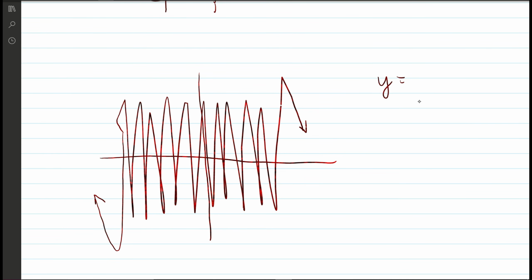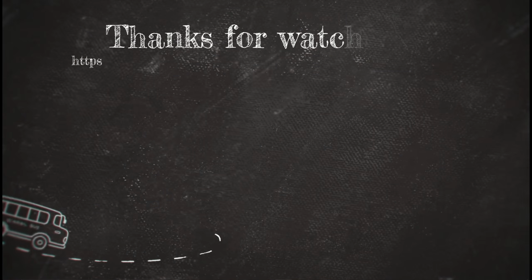So maybe if we have y equals sine of 1 over x, and we're to find the limit of sine of 1 over x as x approaches 0, let's say. The function never settles on any one value the closer you get to x equals 0. It's just oscillating infinitely. It never approaches a single height in this case. Thus, here we have when a limit does not exist.